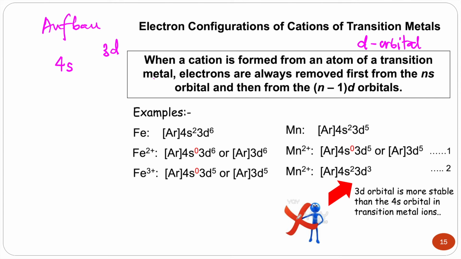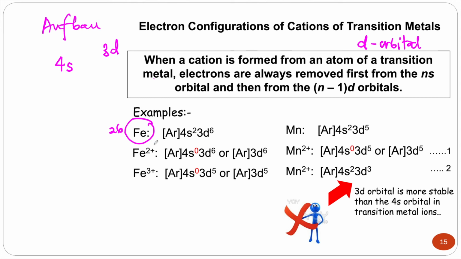All right. So here, let's say we have iron, atomic number 26. You write it down as Ar 4s2 3d6, based on the Aufbau principle. And then let's say this iron loses 2 electrons from itself.